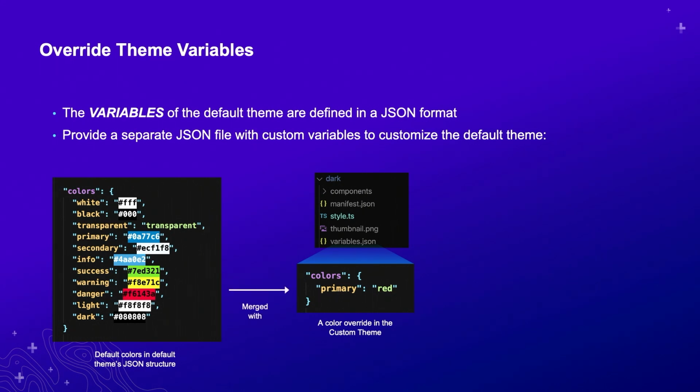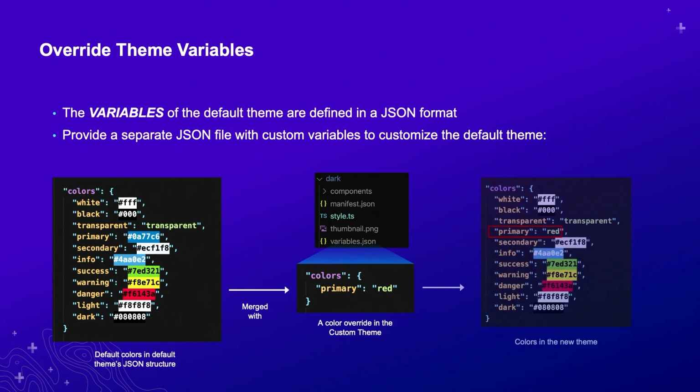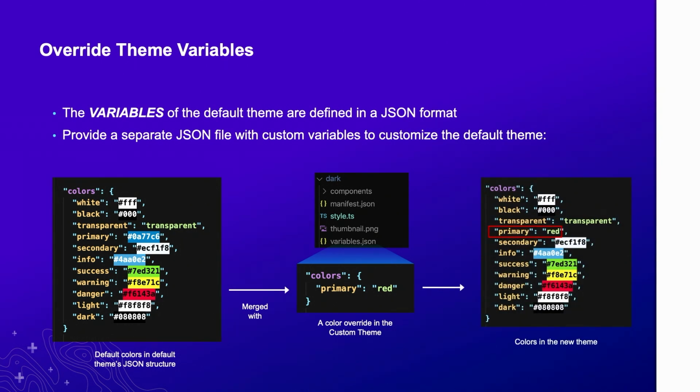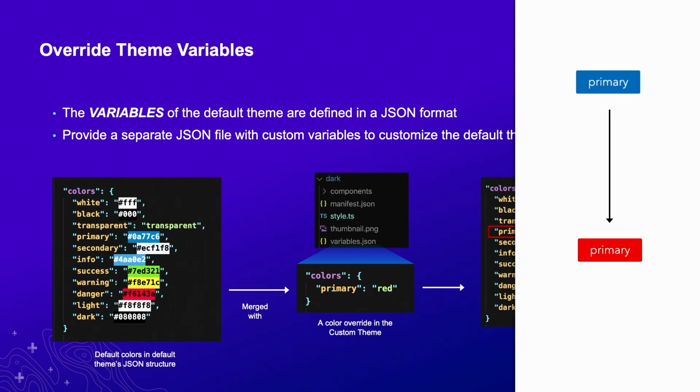So at runtime, the theme system will merge the custom JSON object with the default one and generate a new one for the app to use. As you can see, when the custom theme is applied, the primary color has changed from blue to red.